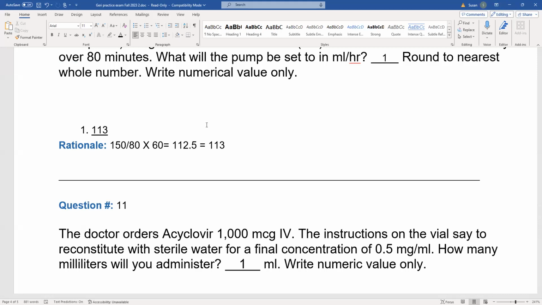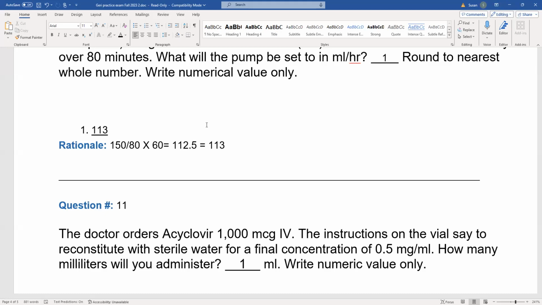Two. So as soon as you read this question, you should be reading how many milliliters will you administer. So that tells you what the formula is. Desired over have. If you're administering something, it's a dose, so it's desired over have. Now, what's the problem with your desired dose versus what you have on hand? You have to convert the mcg to mg.